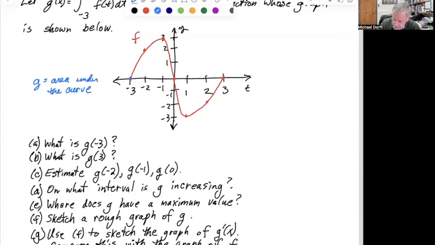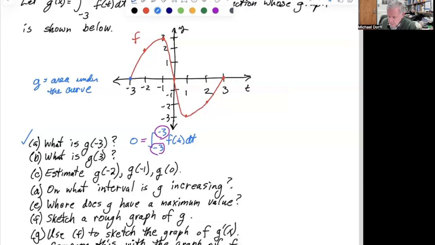Well, if I start right here, what's the area under that curve? It's 0, because this is just going to be the integral from -3 to -3 of f of t dt, and because the numbers on the limits are the same, that's going to equal 0.